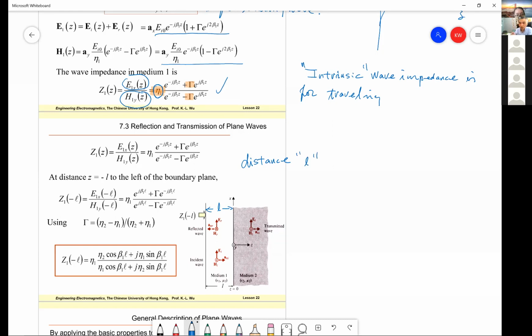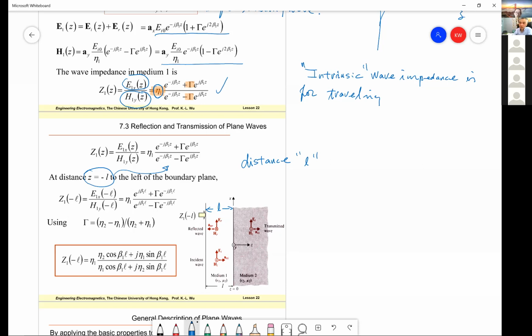Then I replace z with minus L, or z equal to minus L, in our specific expression.